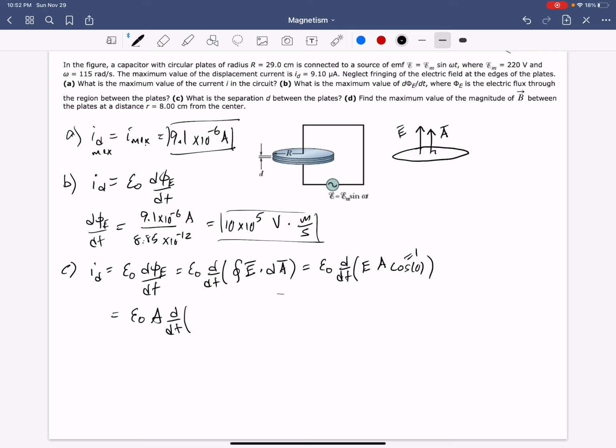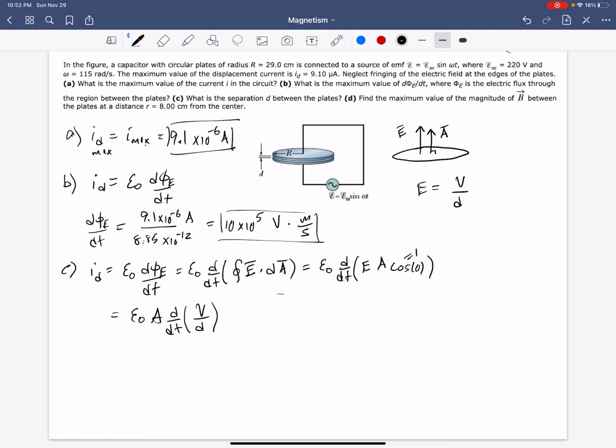We can write the electric field as a voltage per distance, where that distance is the distance in between the plates. So now this is d/dt of the voltage over some distance.